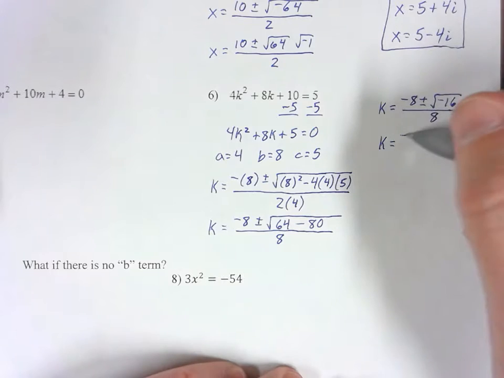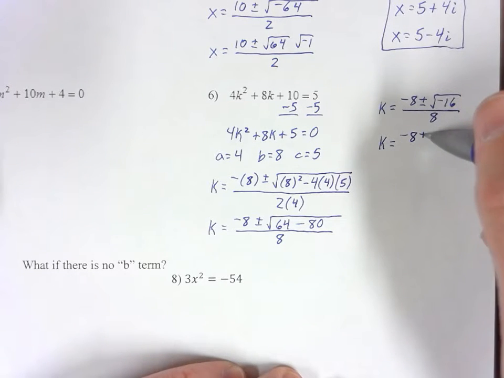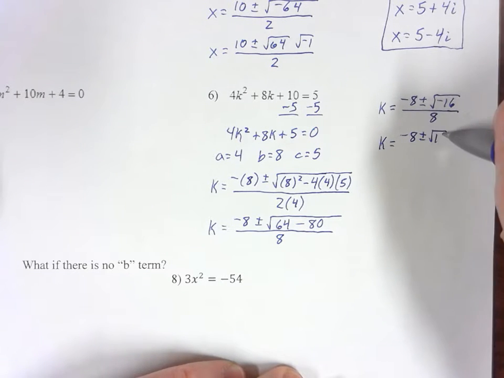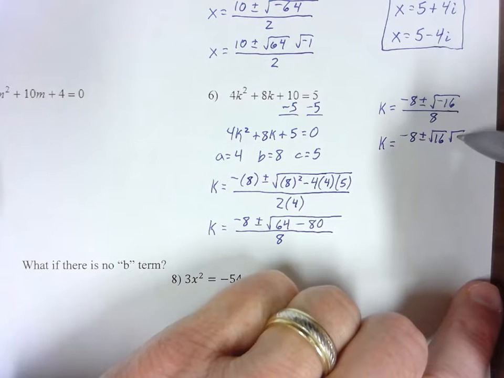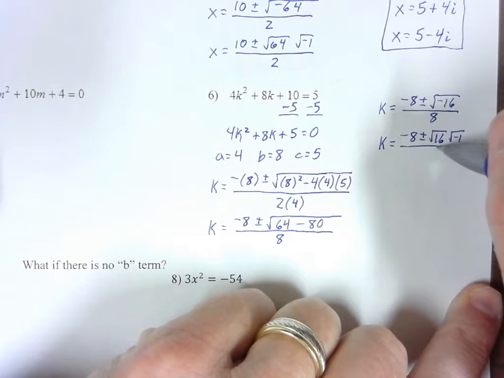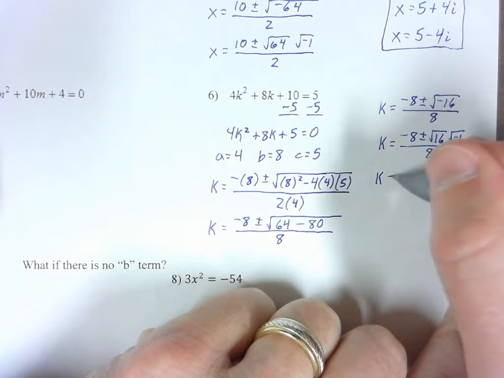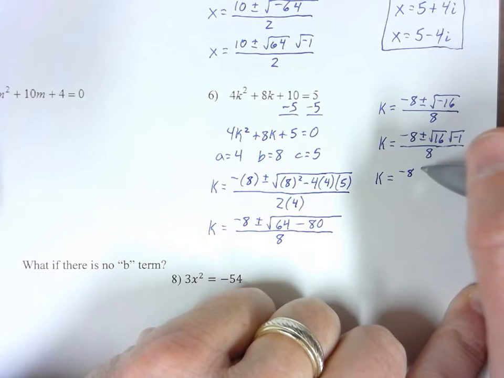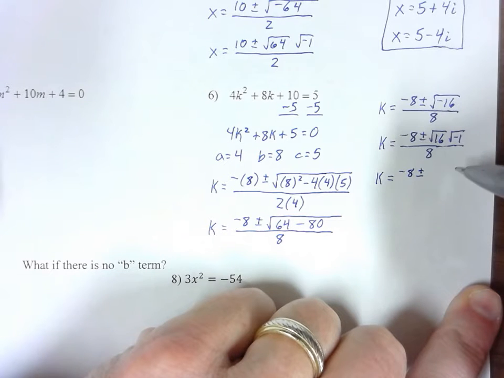Negative 8 plus or minus square root of 16 times square root of negative 1 over 8. So k equals negative 8 plus or minus, I know the square root of 16 is 4, square root of negative 1 is i, over 8.